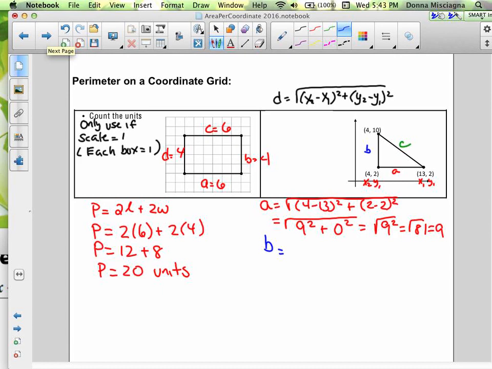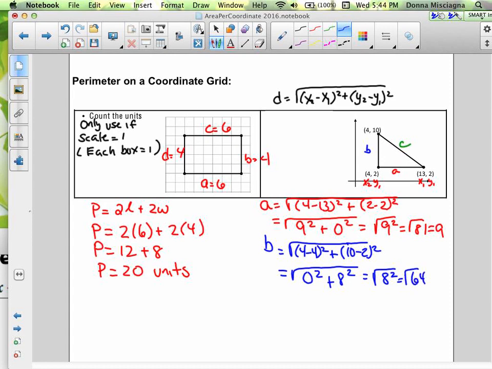Take the difference in the x coordinates: 4 minus 4 squared, plus the difference in the y coordinates, 10 minus 2 squared, which is going to give us 0 squared plus 8 squared. Well, 0 squared is 0. So this is going to be the square root of 8 squared, which is the square root of 64, which is 8. So we have A, we have B, we need C.